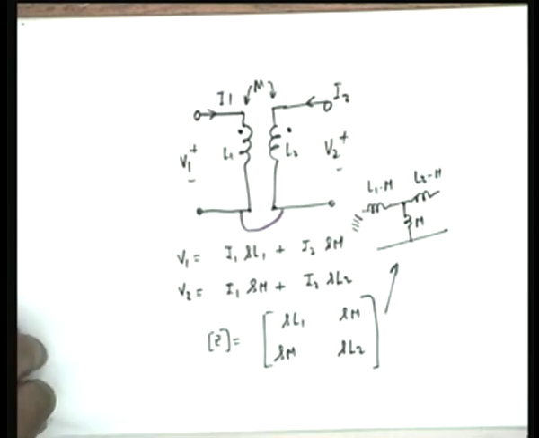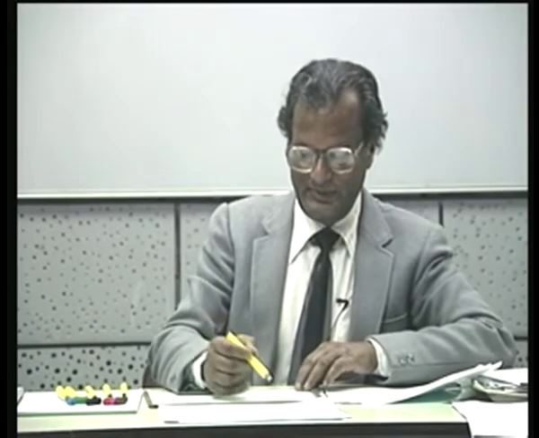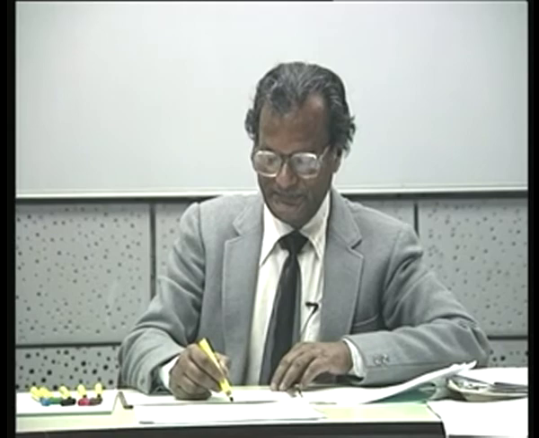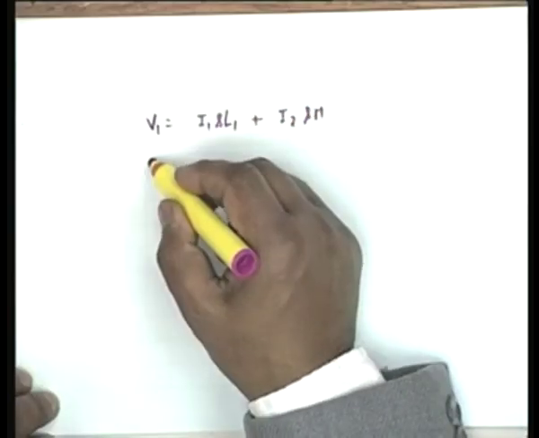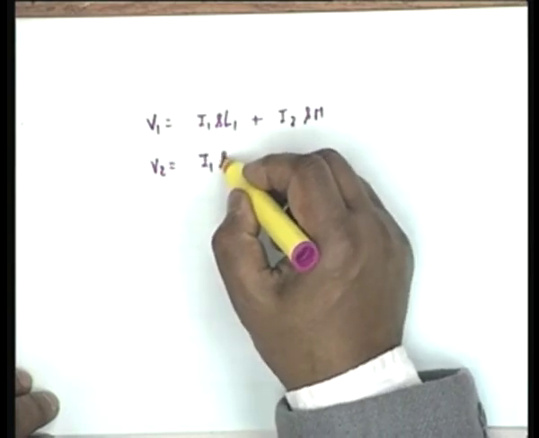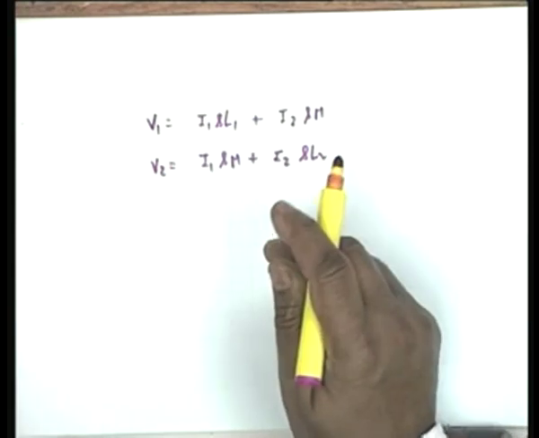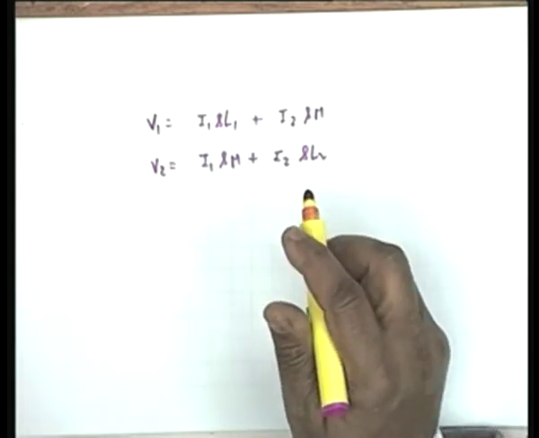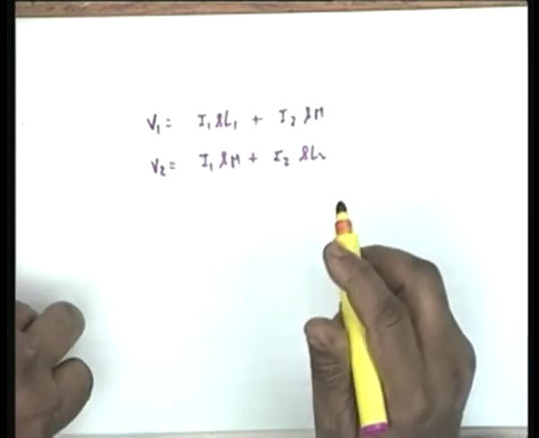The problem now is how to find the Y parameters, and let me tell you, if you want to do it ab initio, then there is nothing better than using these equations. After all, what does finding Y parameters mean?